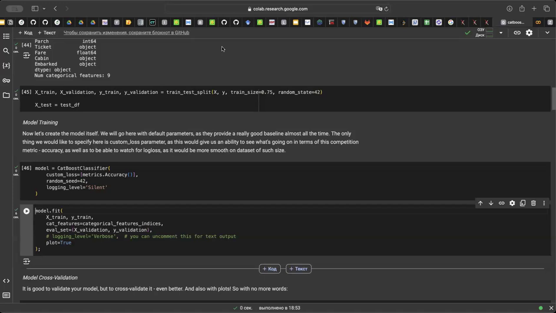If accuracy is the number of correctly predicted objects divided by the total number of objects, this would be 0.9.